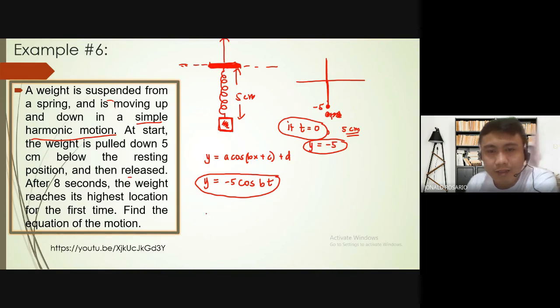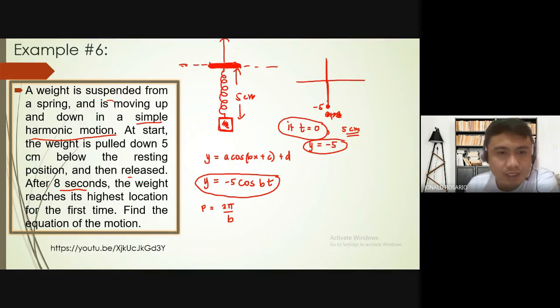At alam naman natin na ang period natin dun sa formula natin ay 2 pi over b. So this is the formula that we have on our lesson dun sa graphing last time. Saan natin gagamitin itong 2 pi over b? Doon sa concept ng after 8 seconds, the weight reaches its highest location for the first time.